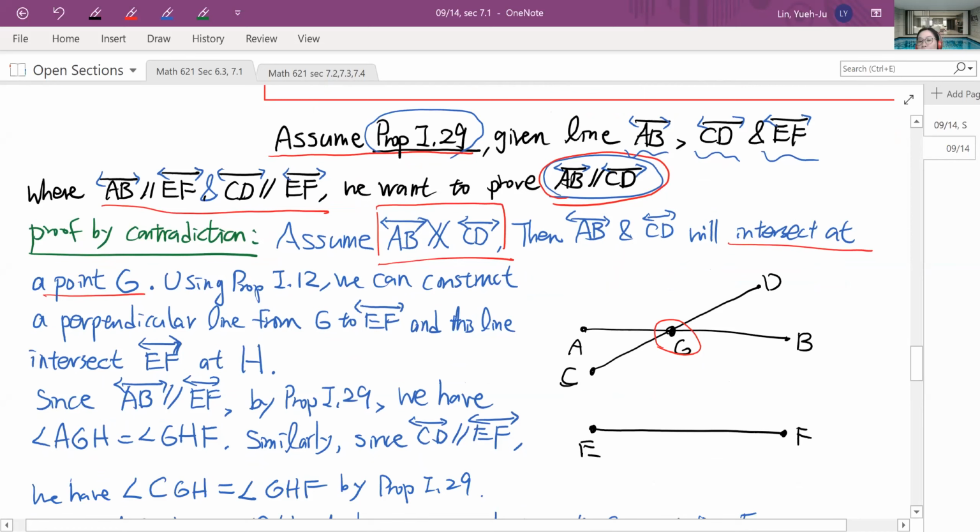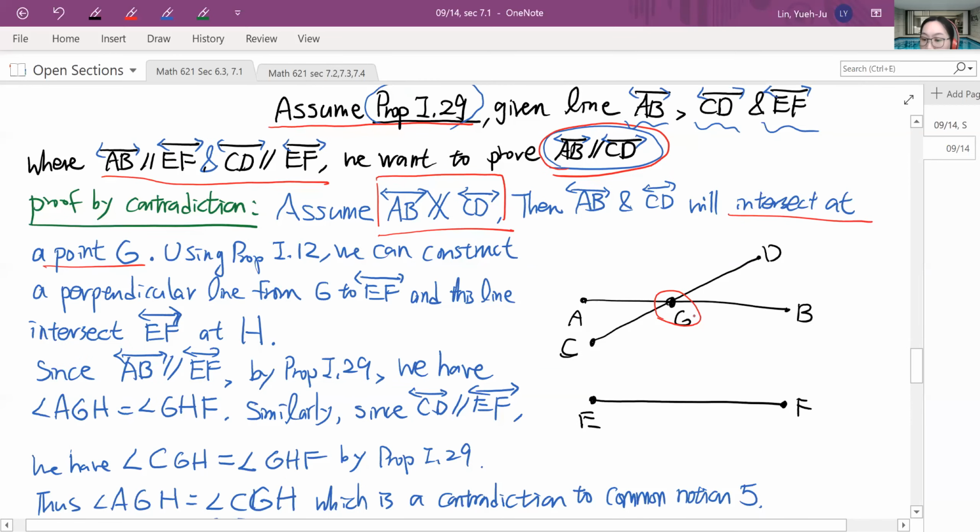Now this proof is a little bit special. We haven't seen such a proof before. You see that this picture satisfies the assumption, right? AB is parallel to EF, okay? But even though the picture is a little bit misleading, we did assume that CD is parallel to EF, okay? Because we use proof by contradiction, the picture looks odd, right?